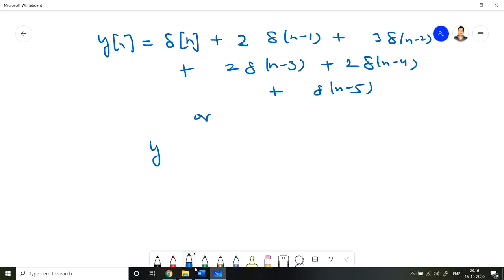Now if we write it in simple numeric value form, then it is equal to 1 at n equals 0, at n equals 1 we have 2, at n equals 2 we have 3, at n equals 3 the amplitude is 3, at n equals 4 we have amplitude 2, at n equals 5 we have amplitude 1.